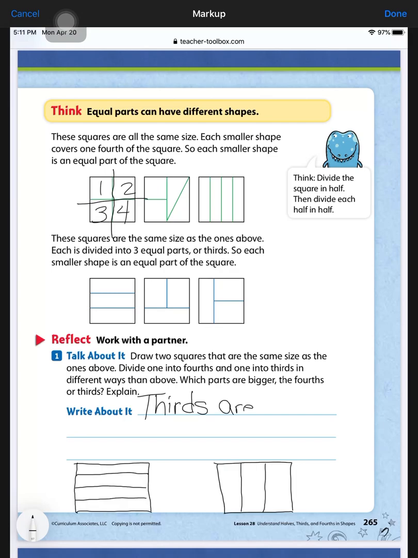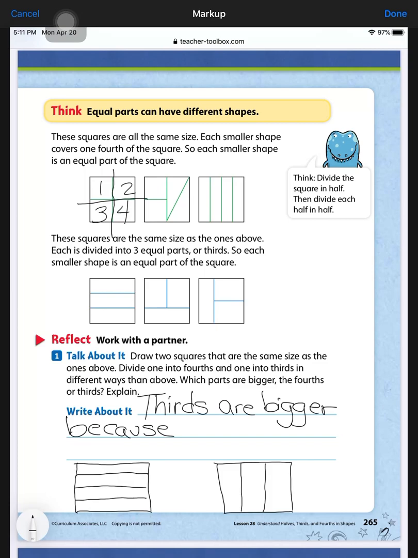Thirds are bigger because, why do you think they're bigger? The more we cut our square, the smaller the pieces are going to be.